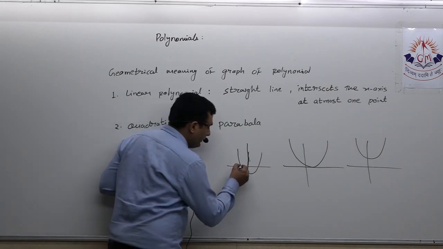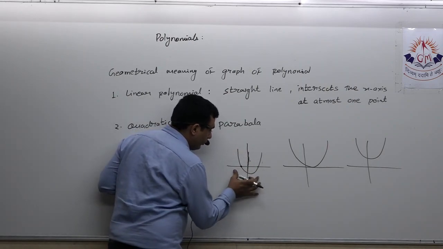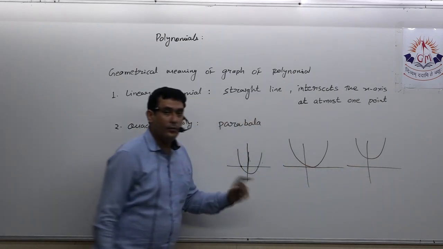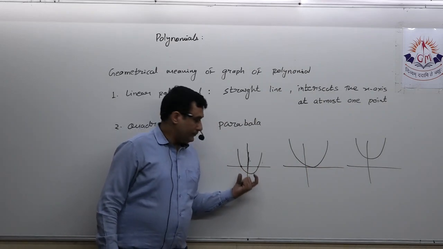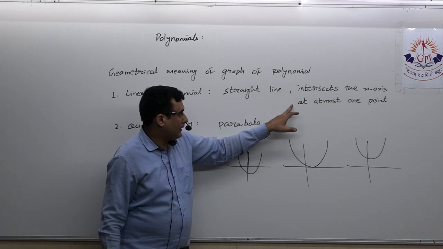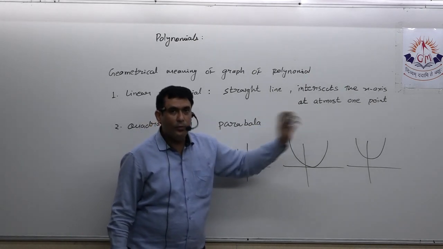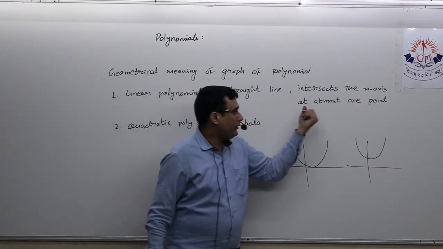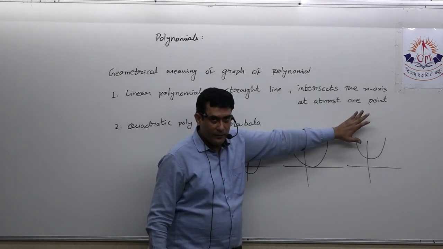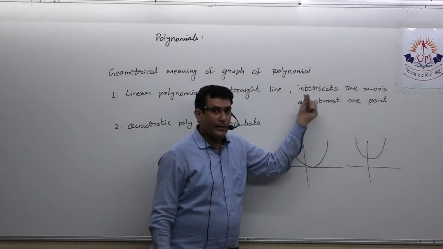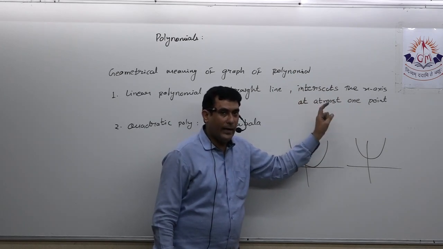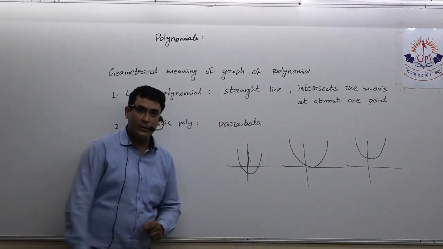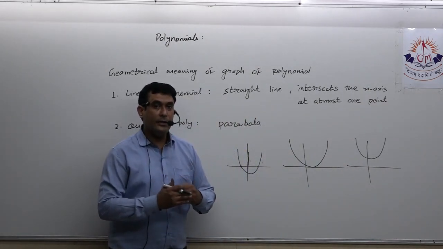Now if you observe, this parabola intersects the x-axis over here at 2 points, over here at 1 point, or over here at no point. That means the graph intersects the x-axis at most 2 points. One more thing: the number of intersection points between the graph and the x-axis gives you the number of real zeros.